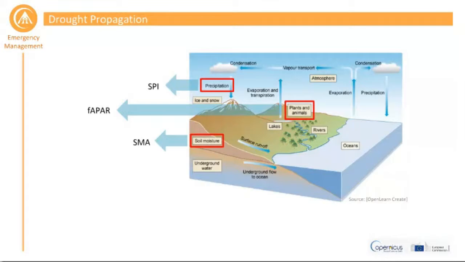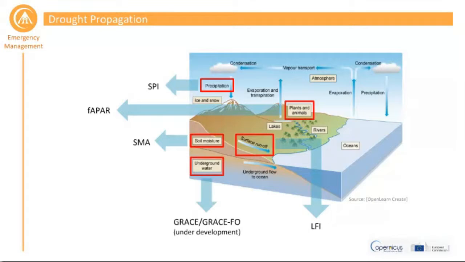Subsequently, slow responding variables will be affected and a hydrological drought can emerge, causing less surface runoff, for example, which we monitor using the low flow index. And finally, this could also cause a decrease in groundwater. An indicator to monitor this phenomenon is under development right now.